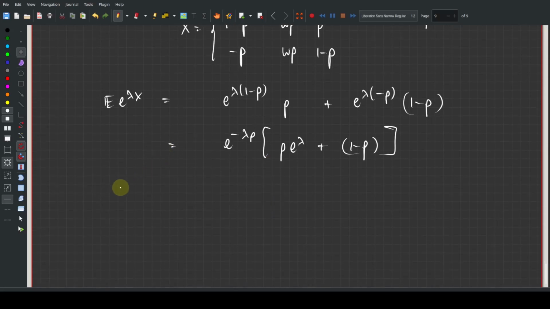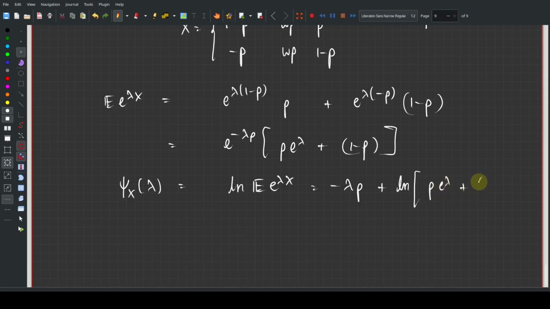The log moment generating function would be log of expectation of e to the lambda x, which is just minus lambda p plus log of p e to the lambda plus 1 minus p. Correct?